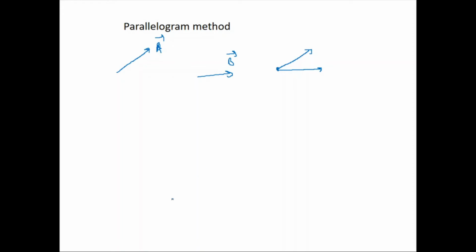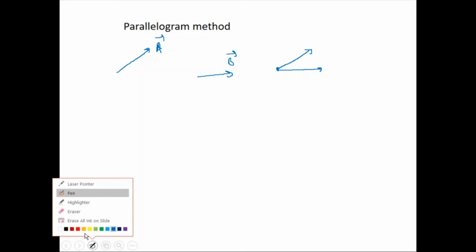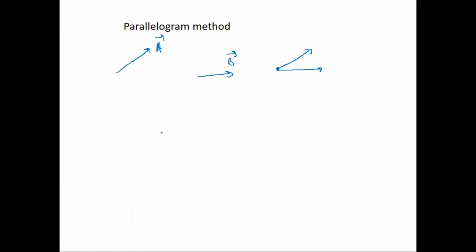So now I'm going to construct a parallelogram for this. I'm going to draw a parallel line to vector b, and a parallel line to vector a. Then if I connect these 2 points, I can get the resultant vector r. So r is going to be equal to a plus b.